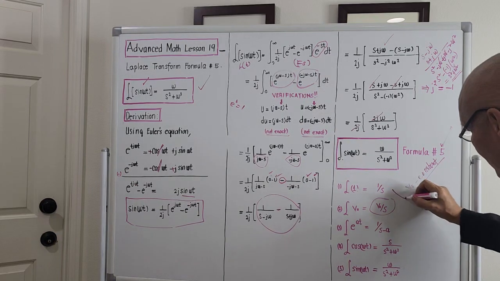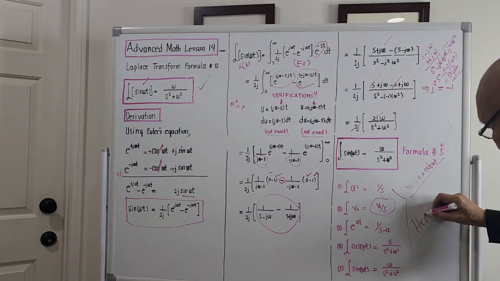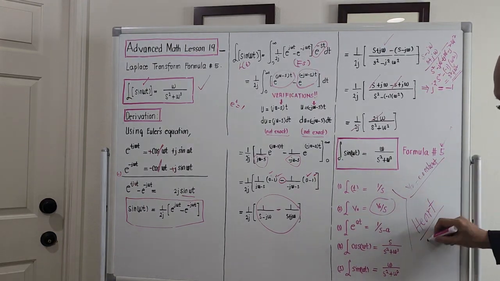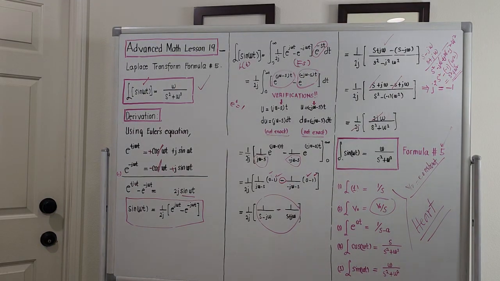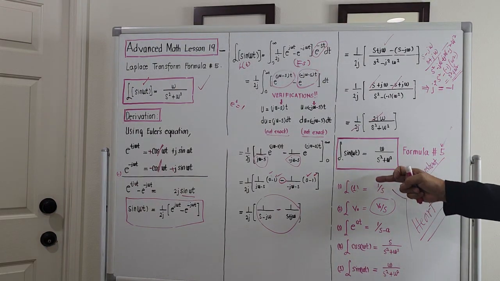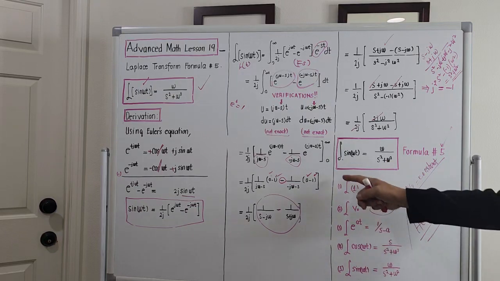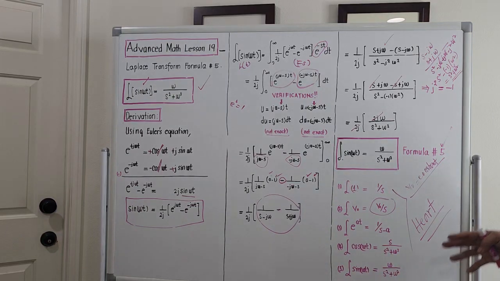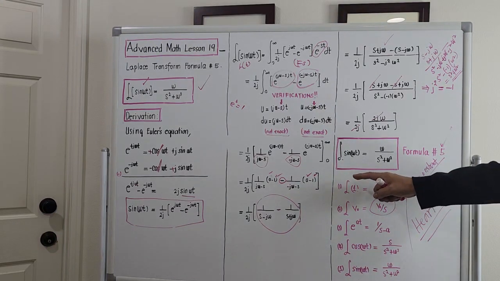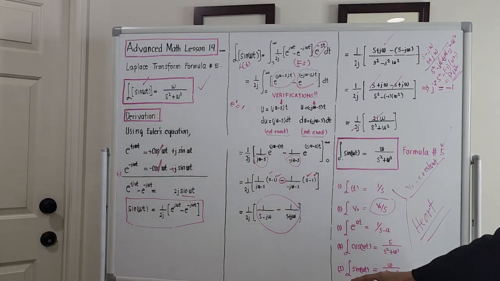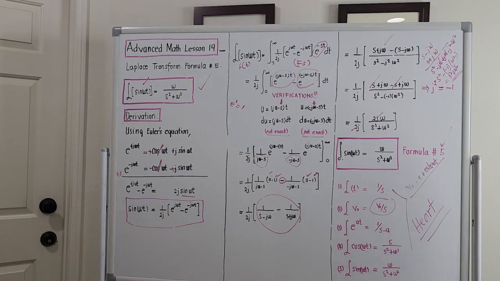So memorize this by heart. To solve a problem on circuit analysis using Laplace transform, we must memorize formula 1 to number 5. There are still some formulas, but for tonight, I am requiring you to memorize formula number 1 to number 5, that is Laplace transform of 1 up to Laplace transform of sine of omega t.